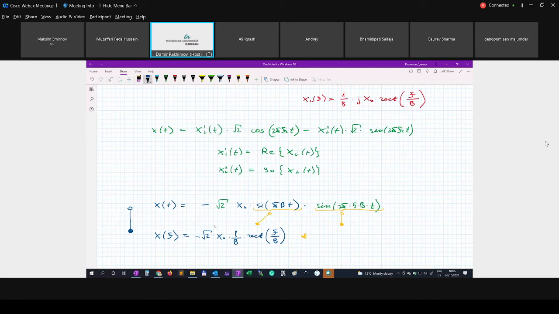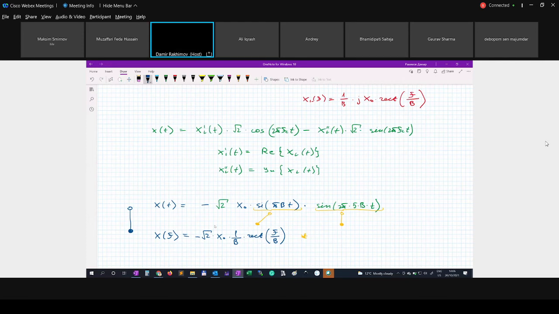And we calculate the convolution, the second part. For the second part, we have the Fourier transform of a sine wave, which we already did today.